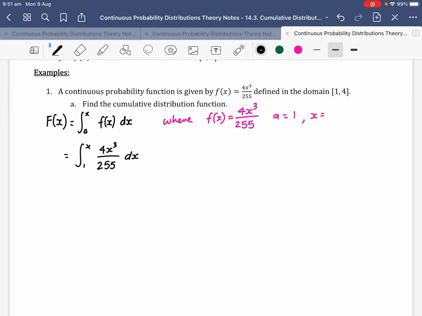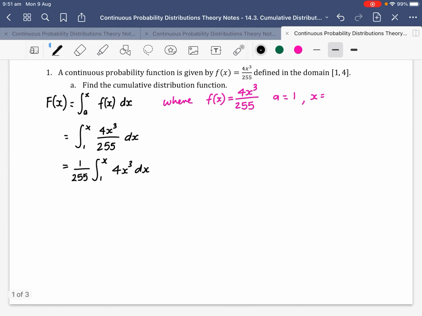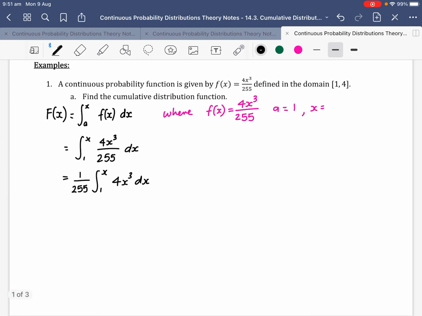Now we need to take out the common constant, the fraction 1 over 255, of the integral from 1 to x of 4x cubed dx. The integral of 4x cubed is x to the power of 4. So we'll have 1 over 255 bracket x to the power of 4 with the interval of 1 to x.